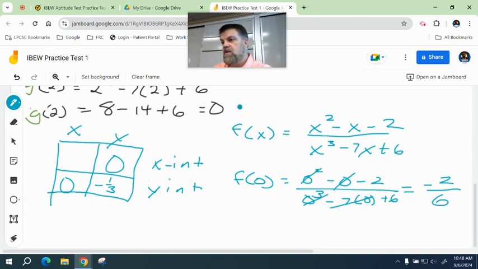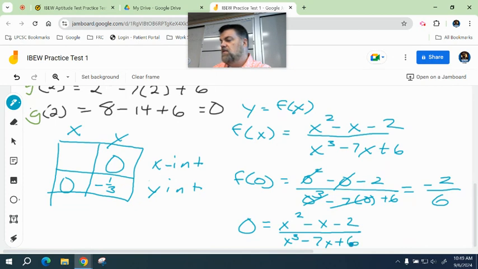Remember, f of x is the same as y. So I do the same thing, except now, instead of f of x, I say 0 equals x squared minus x minus 2 all over x cubed minus 7x plus 6.